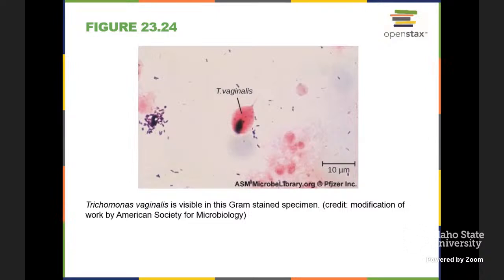That's how you get infected. With Trichomonas vaginalis, it's only the trophozoite stage, the active swimming stage. There are no cyst stages. So it's direct transmission of this parasite. Sexual contact is typically what we think about for the transmission of Trichomonas vaginalis, but it can be transmitted other ways.